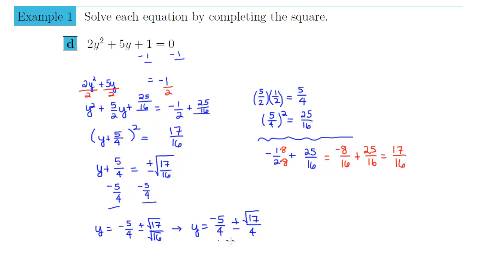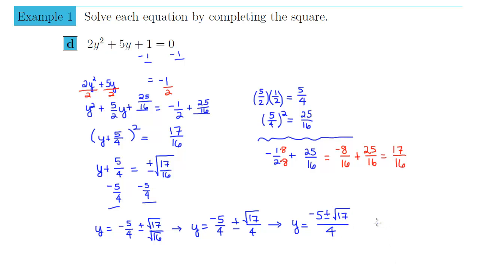Now we can leave our answers like this, or because we have a common denominator, we can also rewrite our answer to be over that single denominator. So we could also rewrite our answer as y equals negative 5 plus or minus the square root of 17 all over 4.